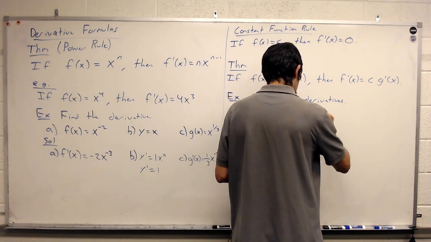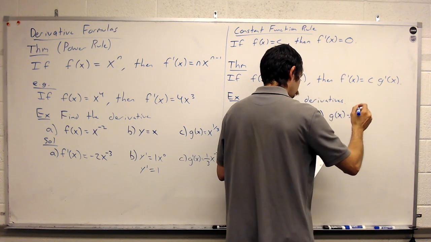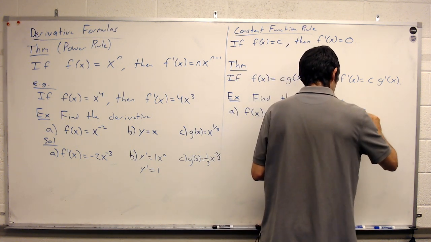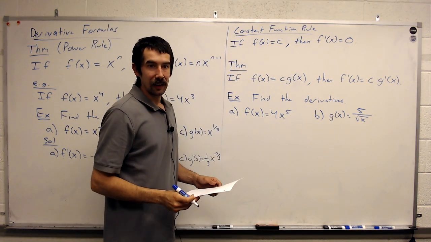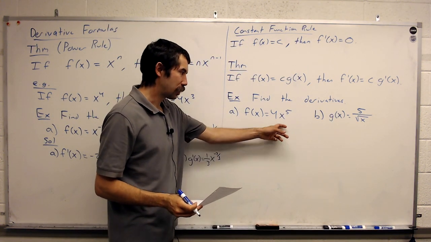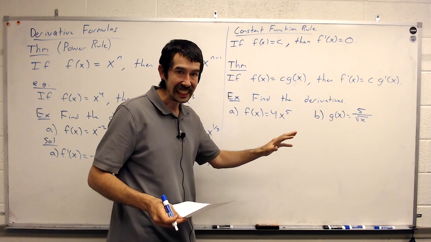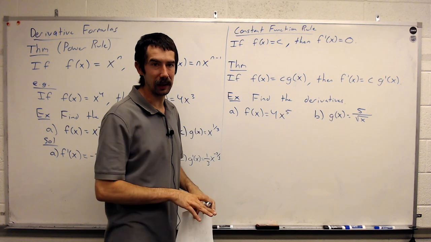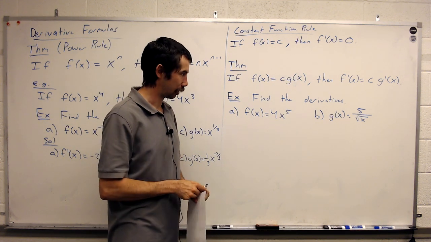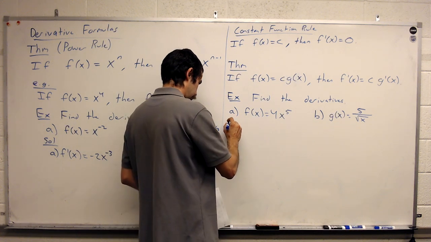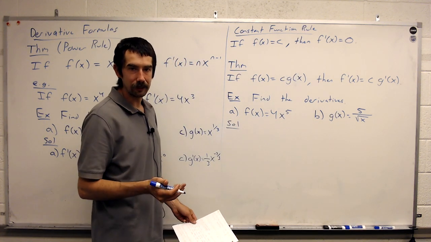And next, which will be a little bit tougher, g of x equals 5 over the square root of x. This one, in my opinion, is pretty easy. Easy once you see how to do it, but it might take a little bit of, heaven forbid you have to think a little bit. All right, so let's start with A.